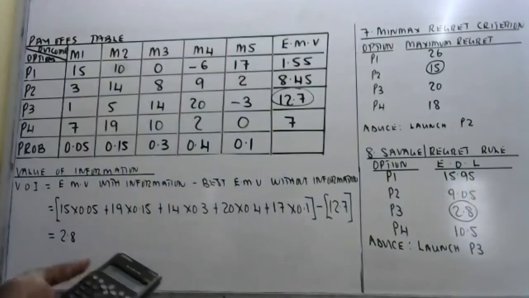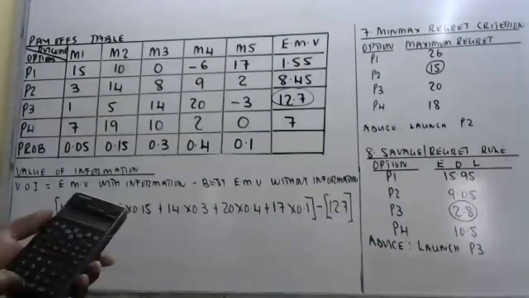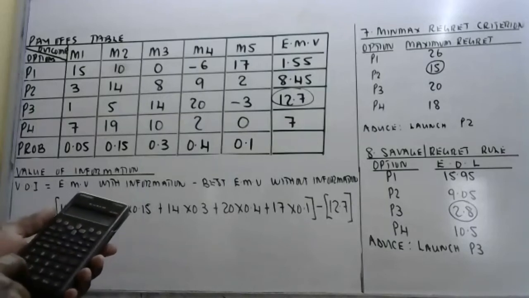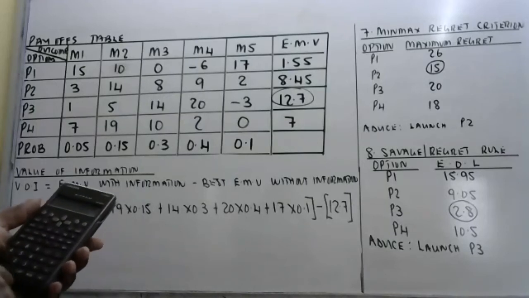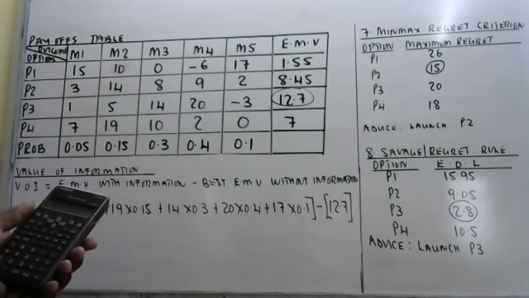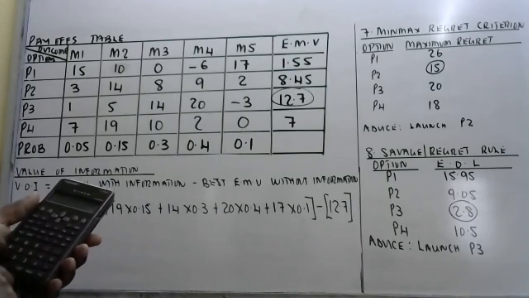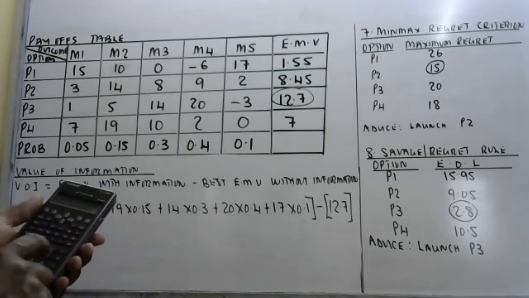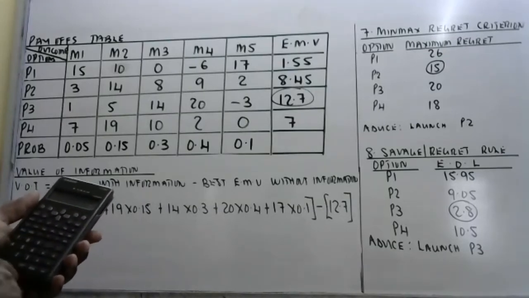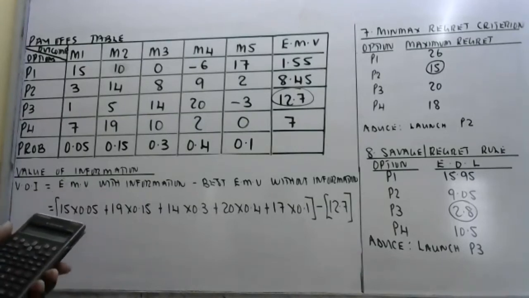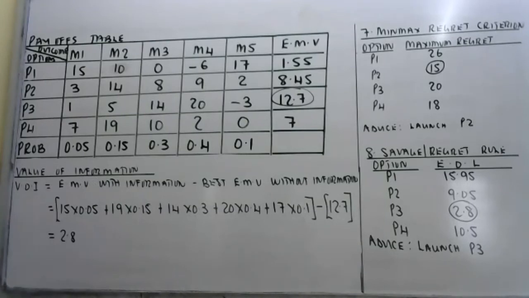So if you take a calculator, use 15 times 0.05 plus 19 times 0.15 plus 14 times 0.3 plus 20 times 0.4 plus 17 times 0.1 minus 12.7. I'm getting 4.8.